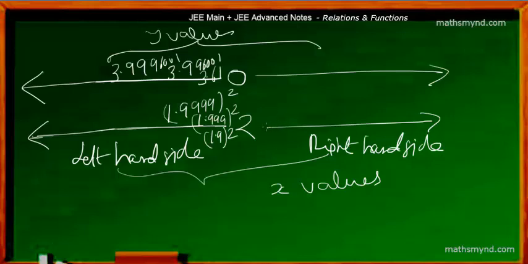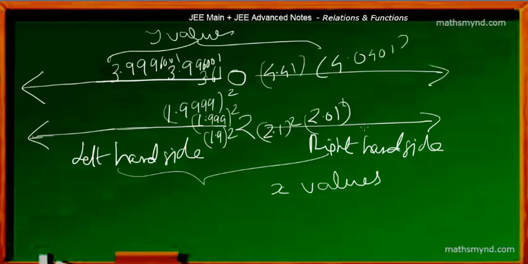Let's take 2.1 squared. You'll be getting 4.41. Let us take 2.01. You'll be getting 4.0401.